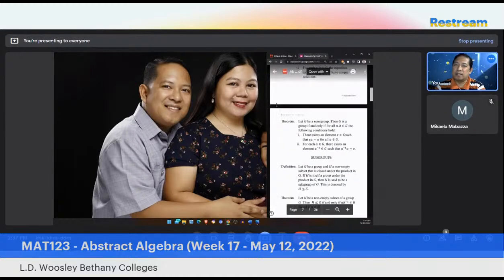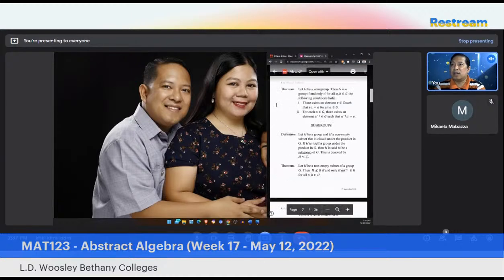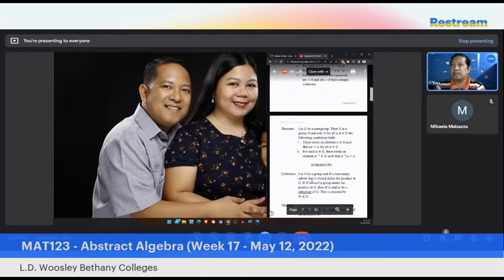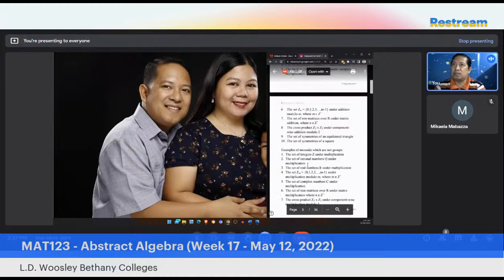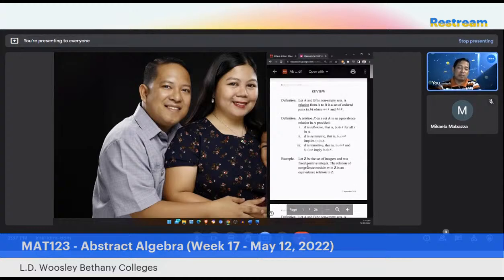Page 7 for the review material, which will be also used for final period. So up to page 7 here. Please take note of that for our final examination, together with sections 1-6, 1-7, and 2-8 of our course.